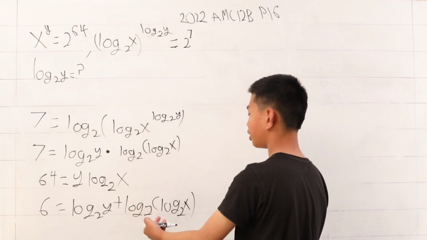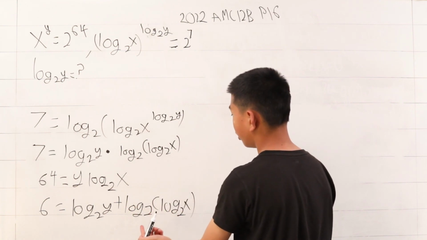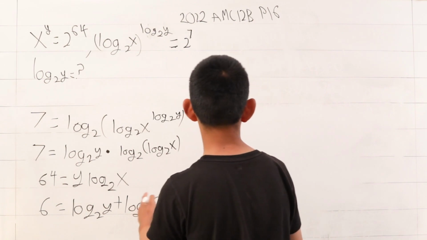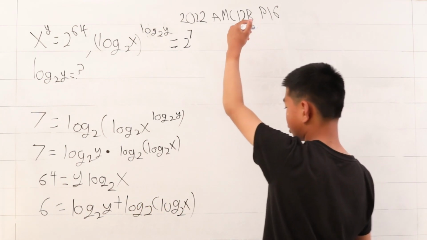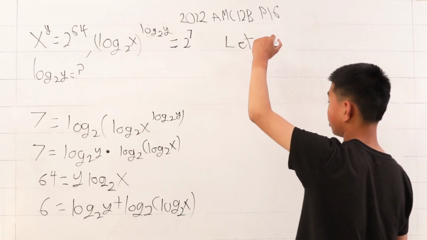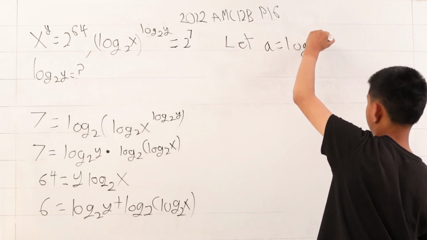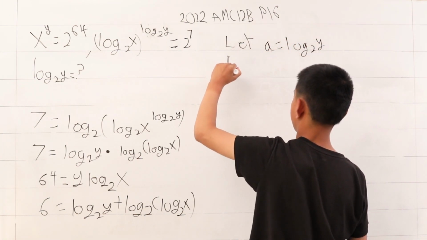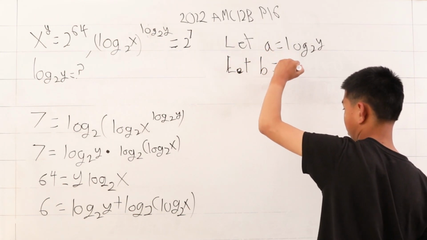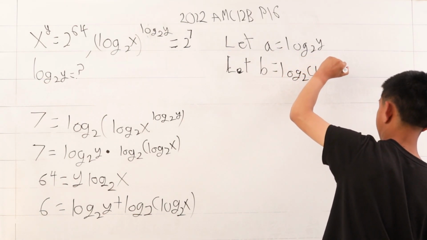Now, this might look really janky and weird, but once we assign variables to what we're looking for, it'll be a lot easier to read. So we use substitution. We let a be equal to log base 2 of y, and we let b be equal to log base 2 of log base 2 of x.